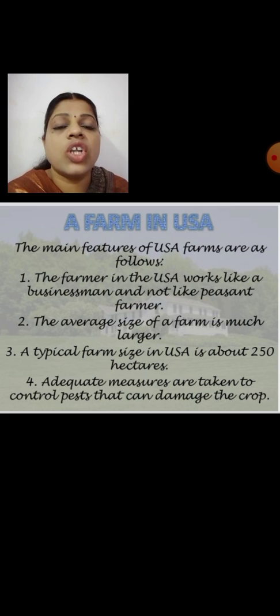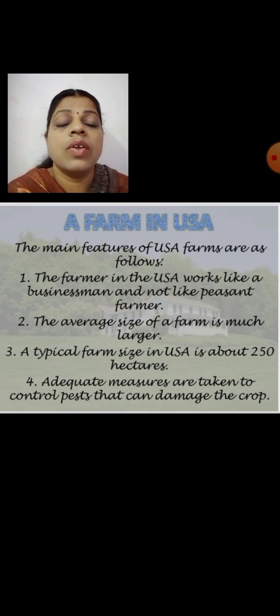The first feature of the agriculture system in America is that the farmer works like a businessman and not like a peasant farmer. Children, what does it mean? It is actually commercialized farming rather than subsistence farming.